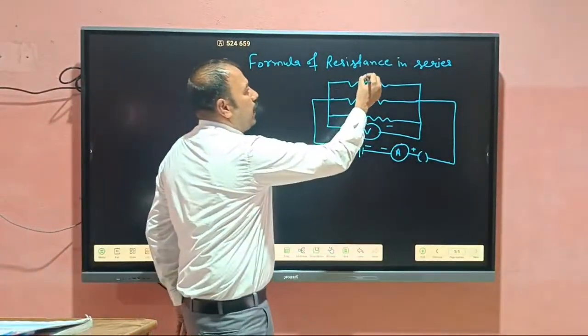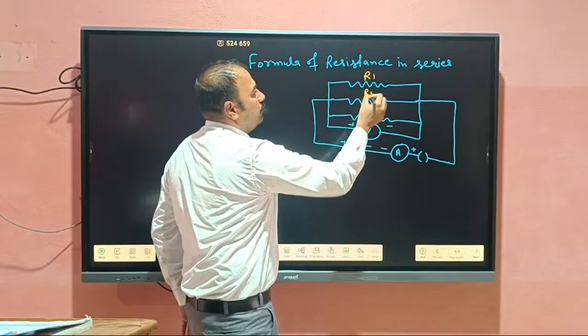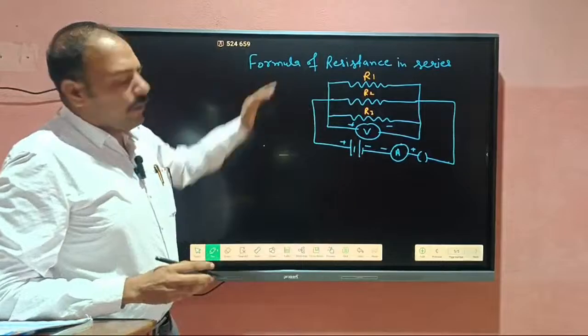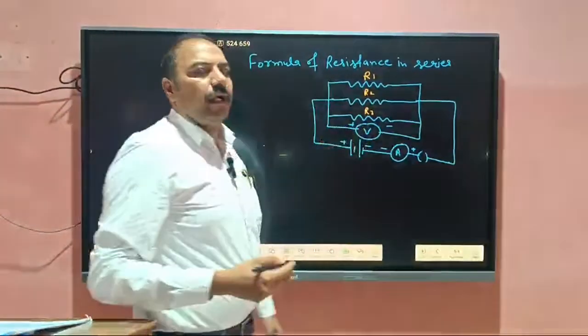Here R1, R2 and R3 are connected in parallel. So here we make a circuit diagram of a parallel combination.